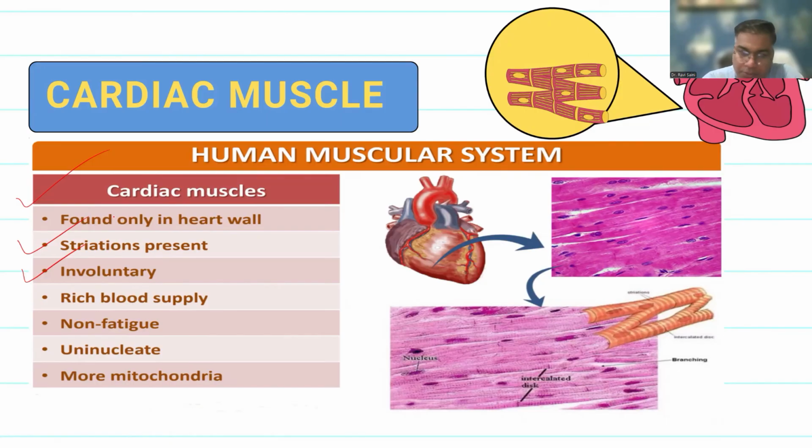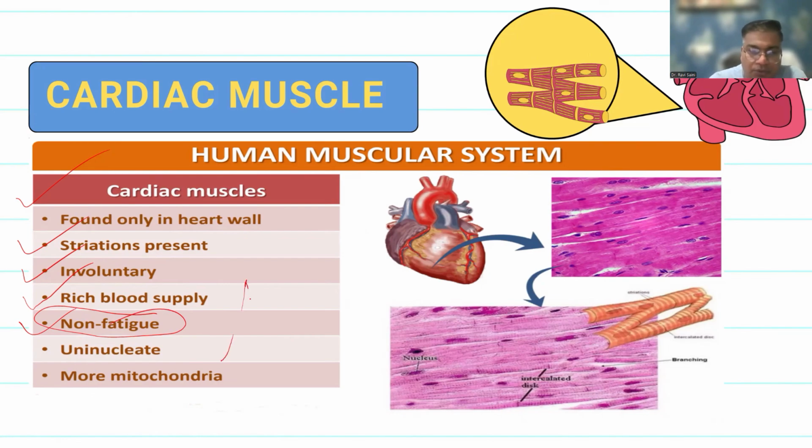Now come to the blood supply: rich, as in skeletal muscles, and the same in cardiac muscles. Non-fatigue is very important. As mentioned, skeletal muscles are fatigue muscles because after exercise they develop a condition of low oxygen.